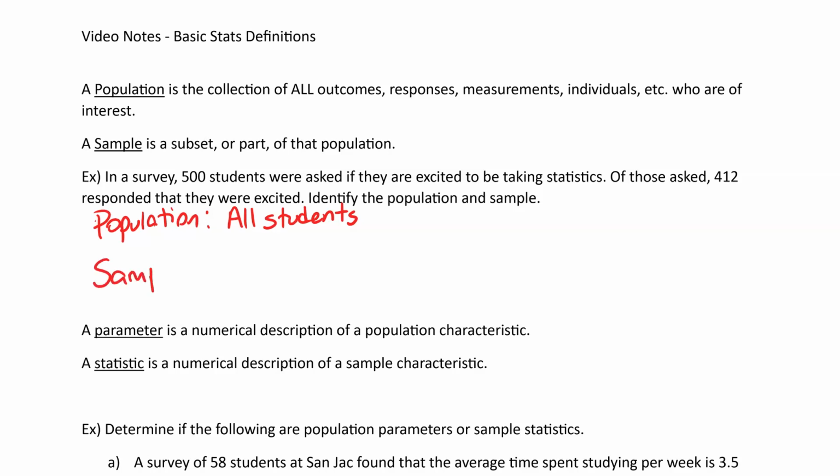The sample, however, that one would just be the 500 students. Right? In this example, the 412 actually just doesn't matter. It's not the population or the sample. It does say something about the sample, but we'll get to that in a second.